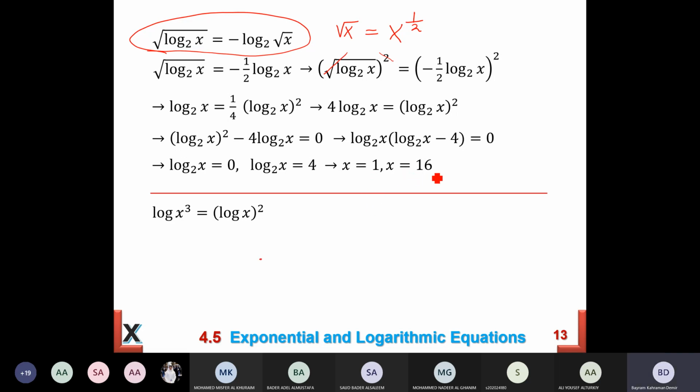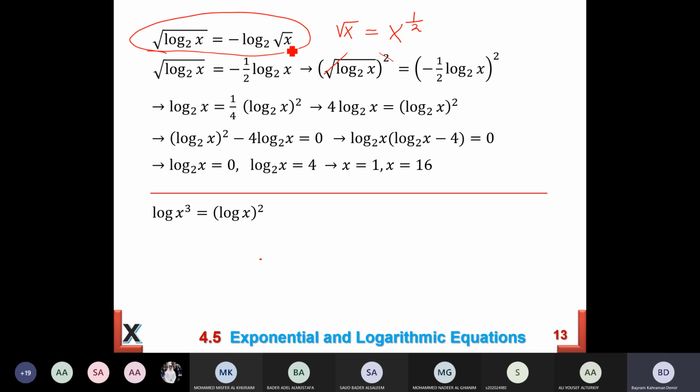But how about if x is 16, Shabab? On the left side, we have logarithm of 16, which is 4, and root of 4 is 2, of course. So we have 2 on the left side. But on the right side, we will get negative 2.